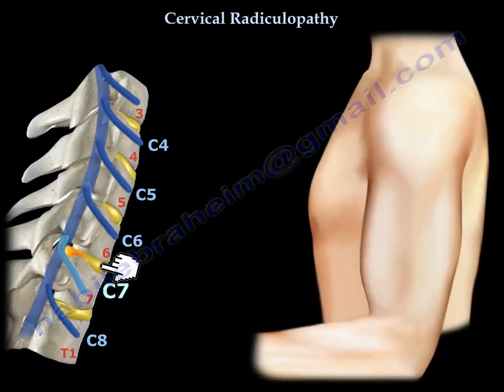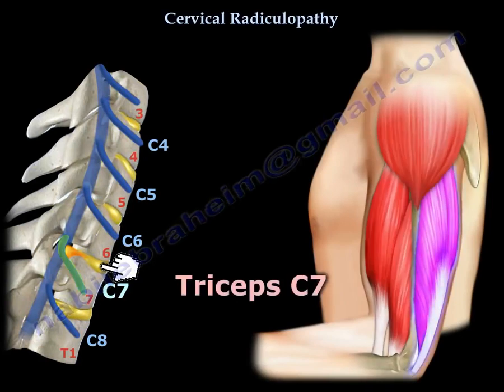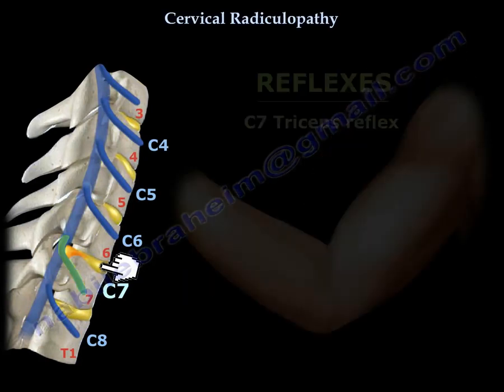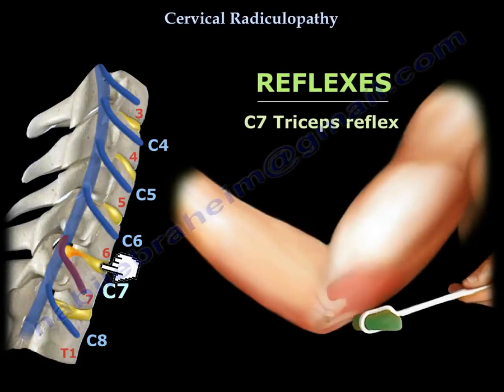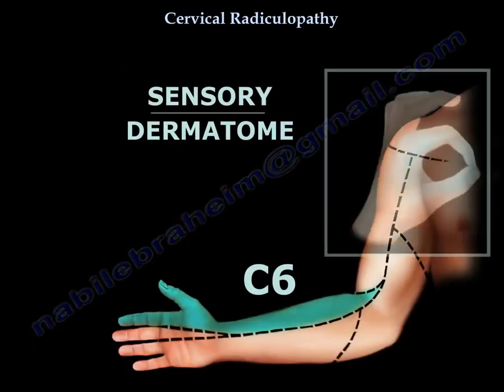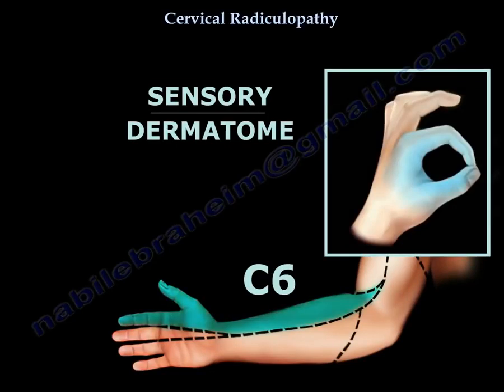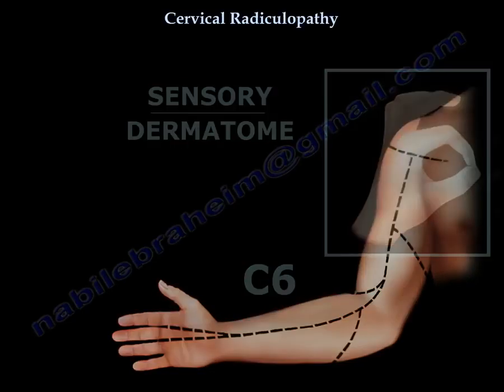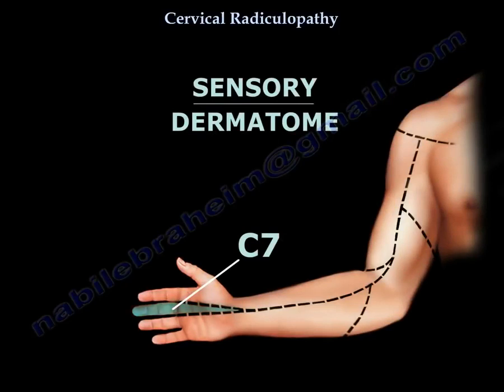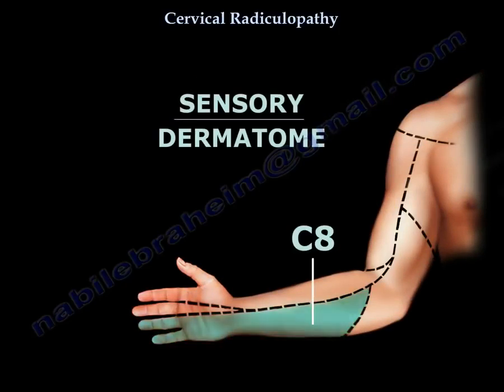And triceps reflex is C7. You can see the dermatomes here. C6 is present at the letter 6. C7 is the middle finger, and the 5th finger will be C8.